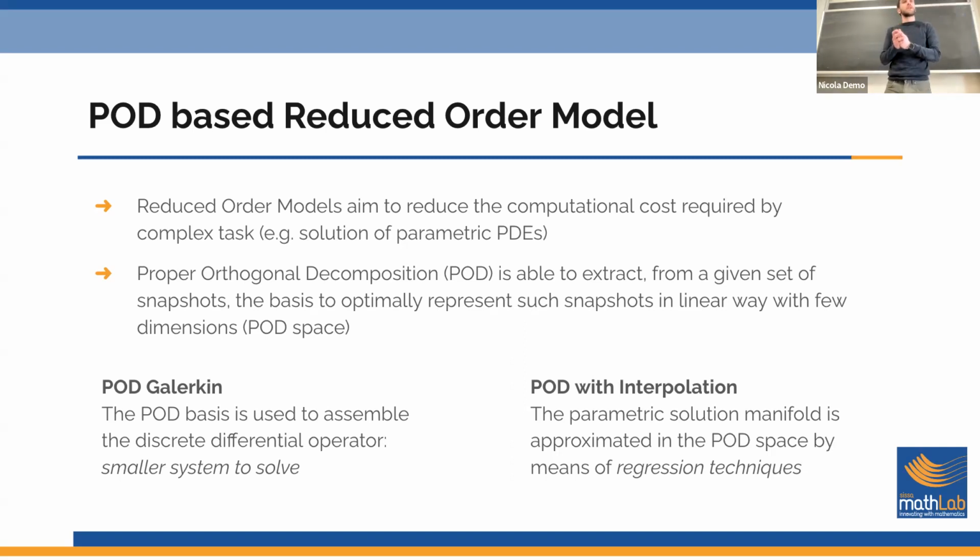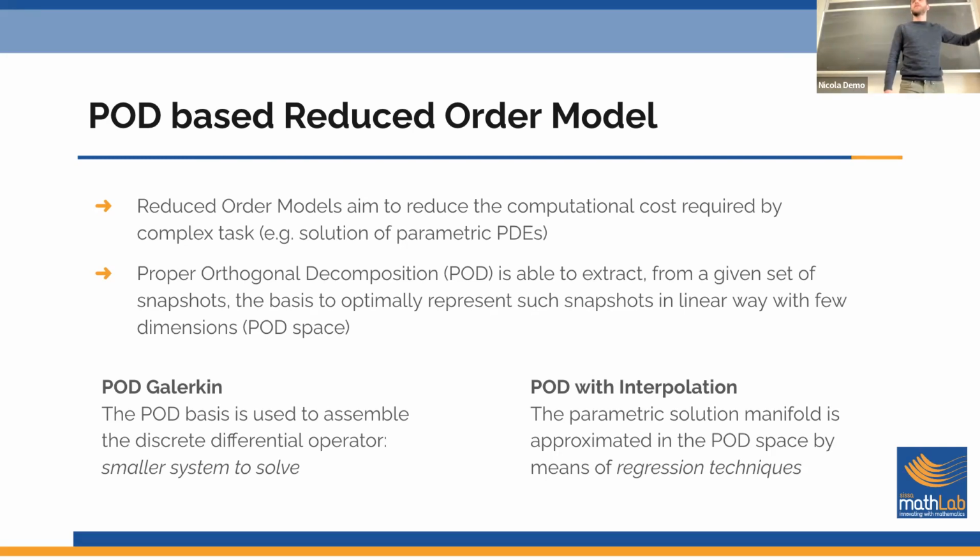So at the end, for any snapshot you collected at the beginning, you have a reduced representation of all this information. You can exploit the low dimension to create an interpolation and have the parametric manifold approximated with the technique that you prefer.